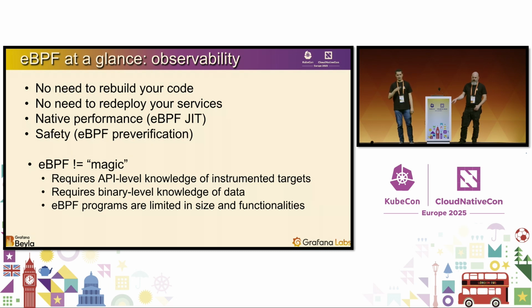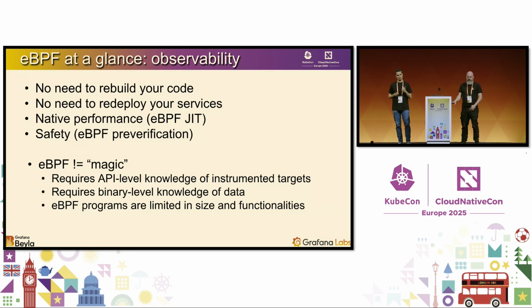But eBPF is not magic. It's not an SQL, or a file system interface in which you can have information in a well-defined, stable format. It requires API-level knowledge of the instrumented targets. And when I say API level, I mean binary-level knowledge of the data.